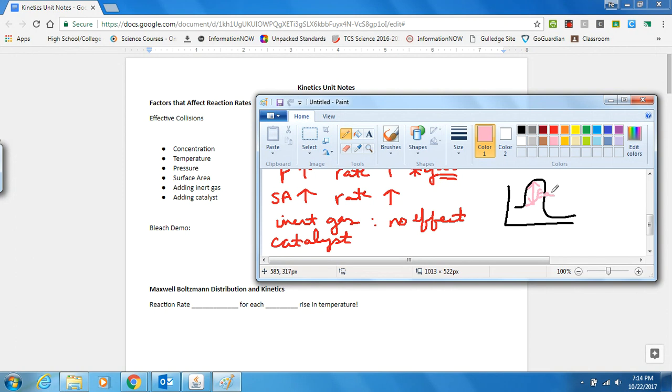Now, we have a catalyst coming along. What a catalyst is going to do is not change anything but my activation energy. It's going to lower the activation energy, so now I just have to go this way. It does that by creating an alternate pathway for the reaction to take place. It's basically like a shortcut.